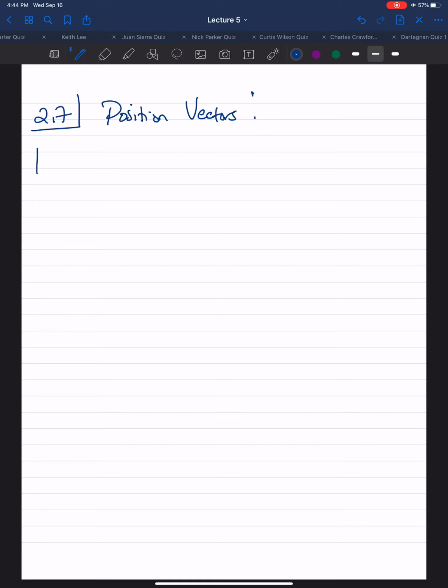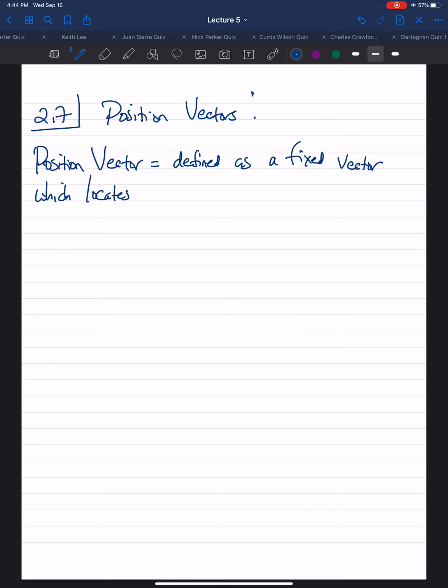A position vector is defined as a fixed vector which locates a point in space relative to another point.